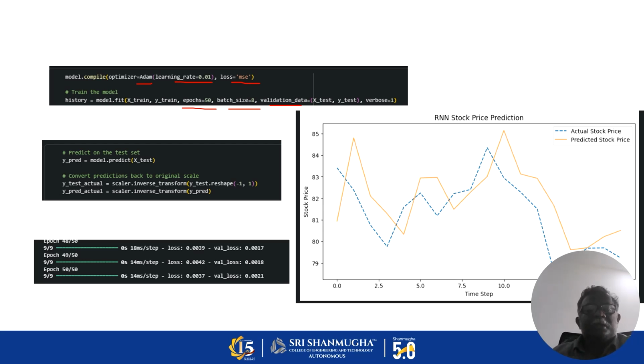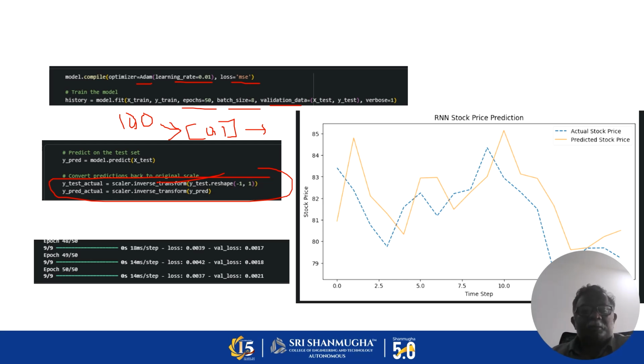Initially the stock price was 100 and we accumulated based on the random numbers we used, and then we normalized, so we got values between 0 and 1. Again we have to convert back to the original scale, and we have used the inverse transformation.